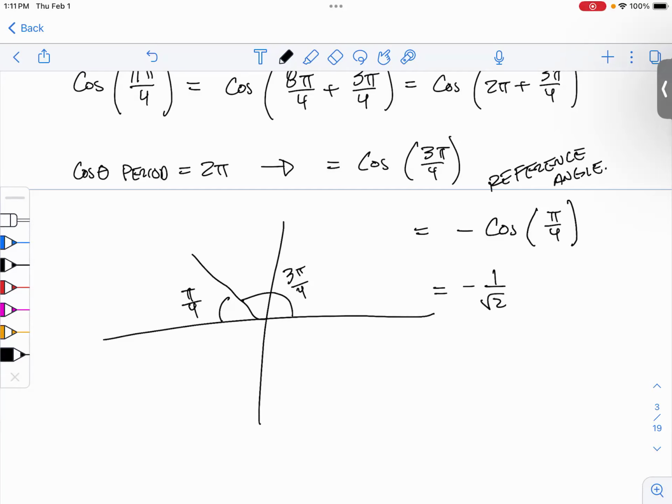Notice that we just keep using, and when I'm saying period, it's basically what we were calling coterminal. The difference between coterminal and period is only for tangent, because tangent has a period of pi, right? Instead of having to cut off 2 pi, you could just cut off 1 pi.